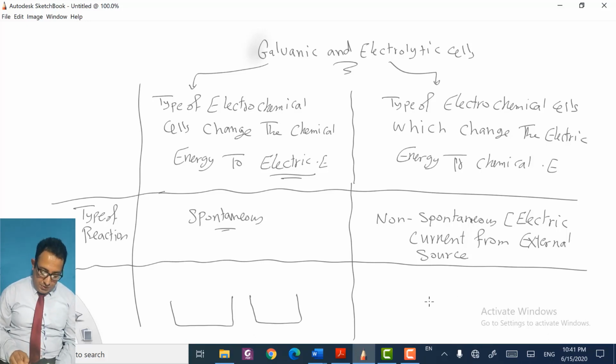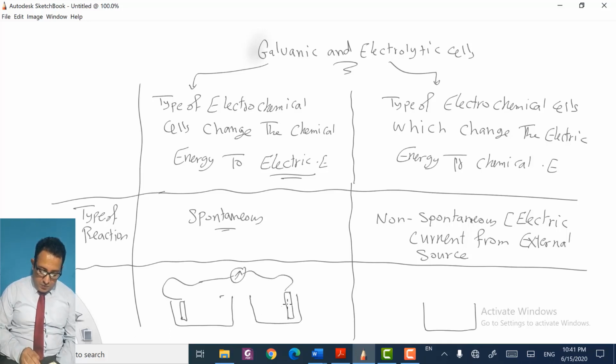Now a small design for each one. The galvanic cell consists of two containers, two different electrodes, and a galvanometer.